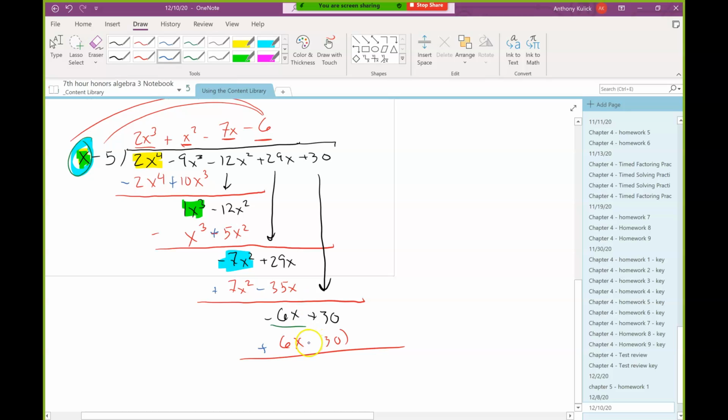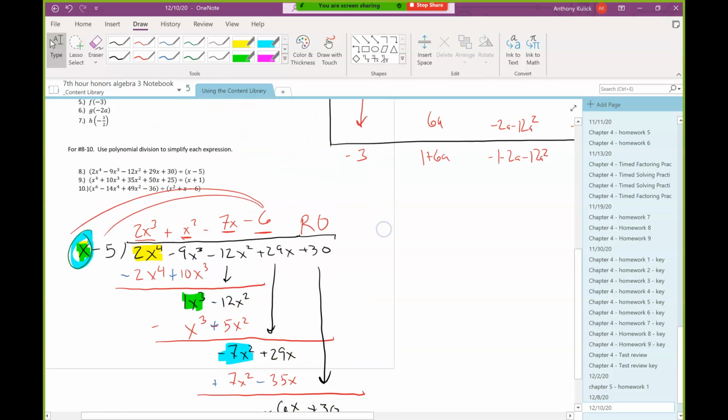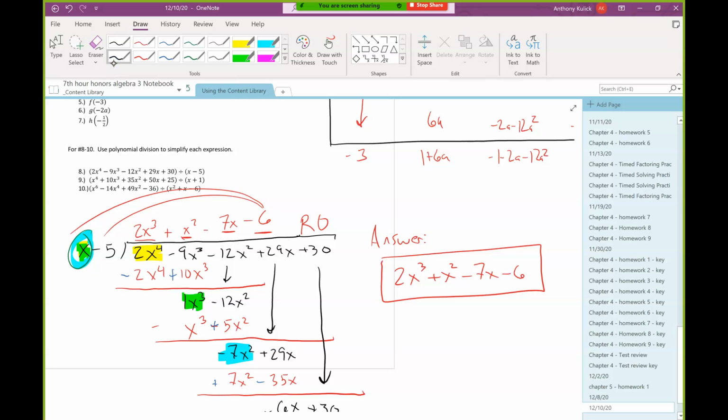Negative of a positive is negative. And when I add those up, I get 0. So this is just remainder 0. So we'd say our answer is just 2x cubed plus x squared minus 7x minus 6. Since the remainder is 0, I don't have to worry about any other part to it.